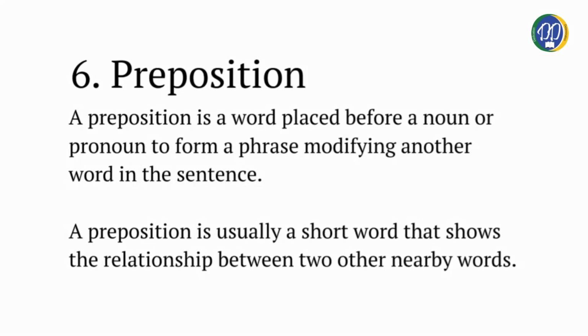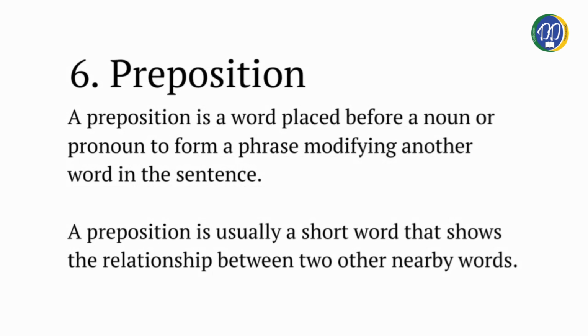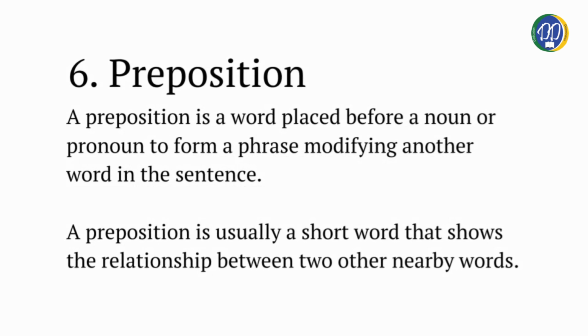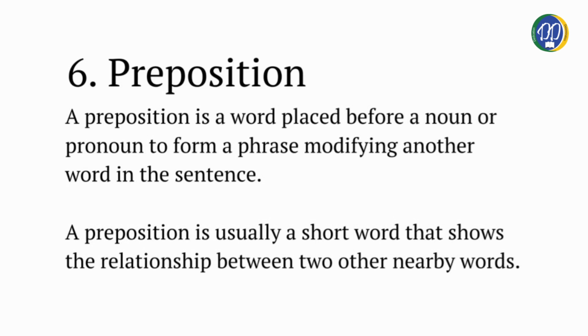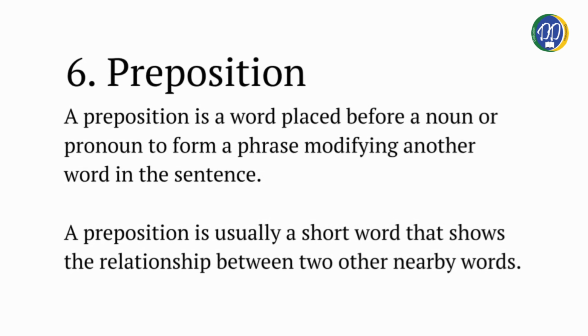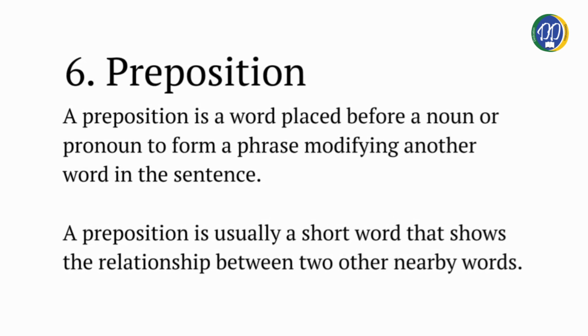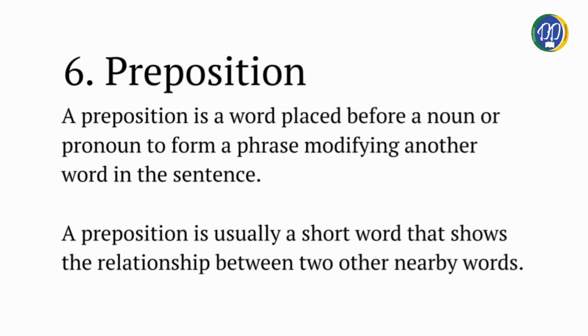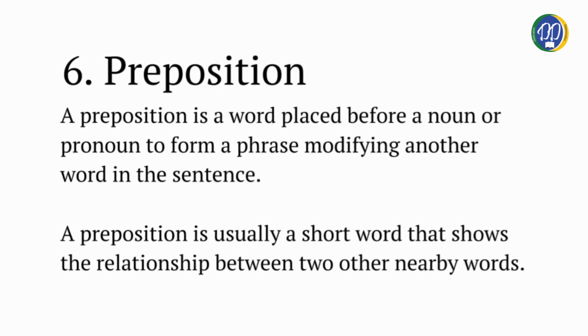And the sixth one is preposition. A preposition is a word placed before a noun or pronoun to form a phrase modifying another word in the sentence. A preposition is usually a short word that shows the relationship between two other nearby words.